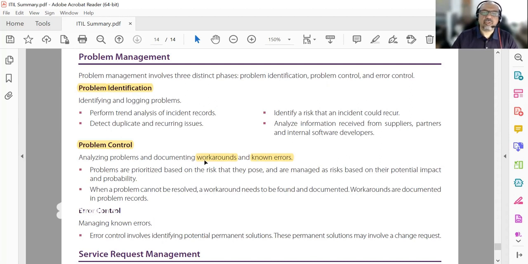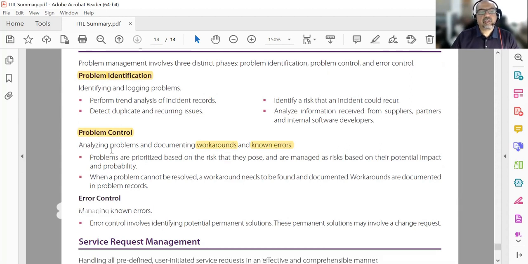Workaround, temporary solution. So in the problem control, we analyze the problems and we will document workarounds and known errors. We will save the known errors in the known error database. Workarounds maybe in the knowledge management systems.